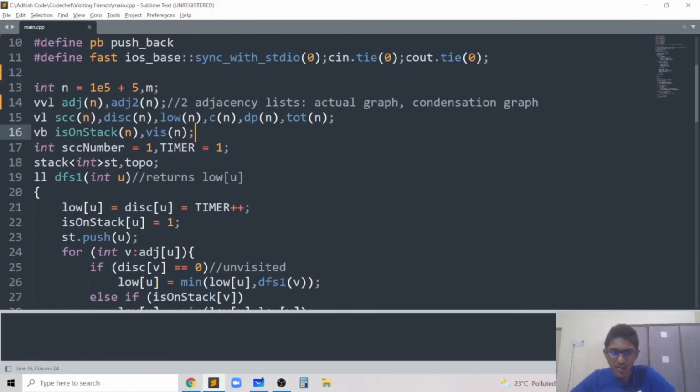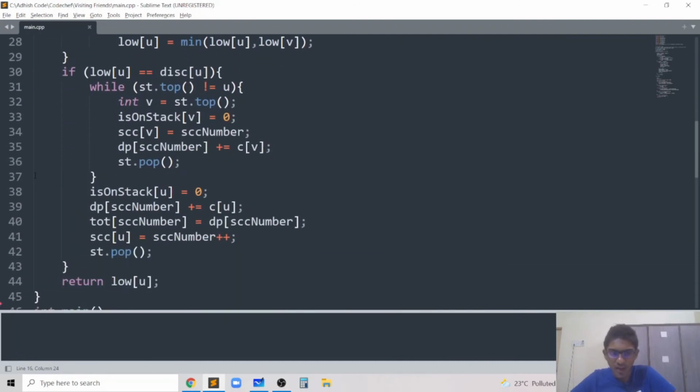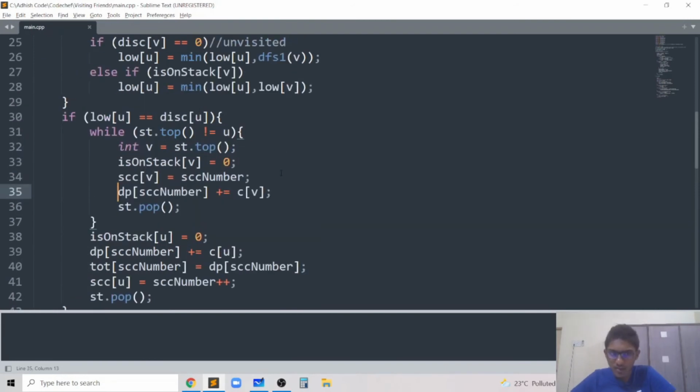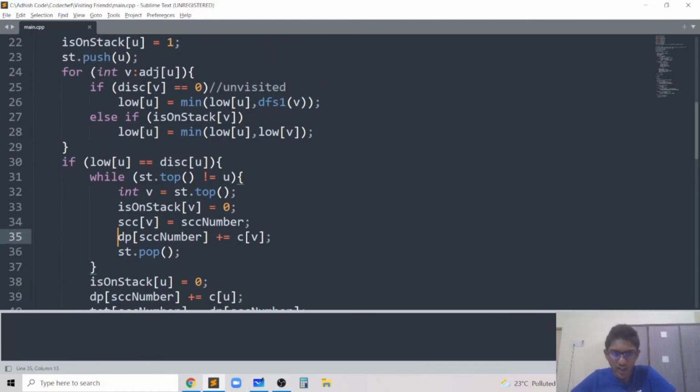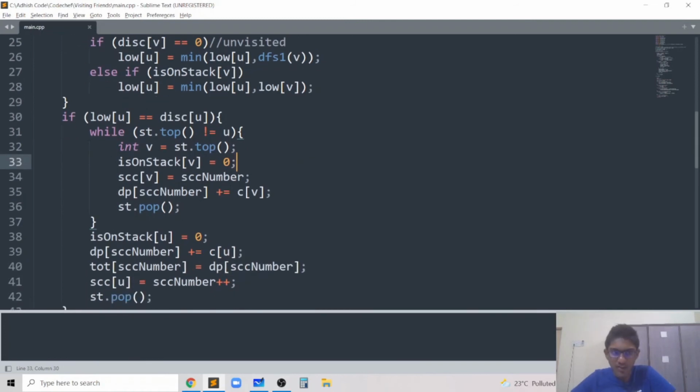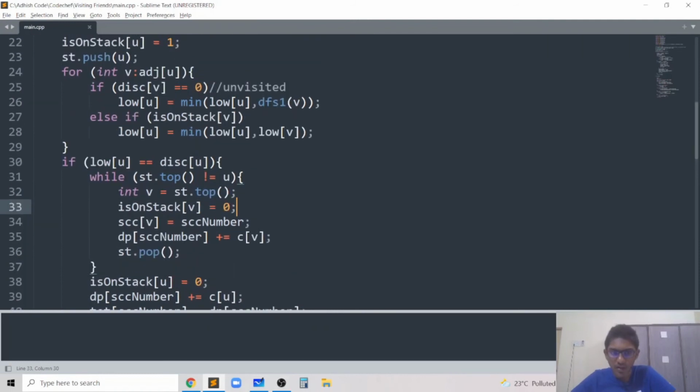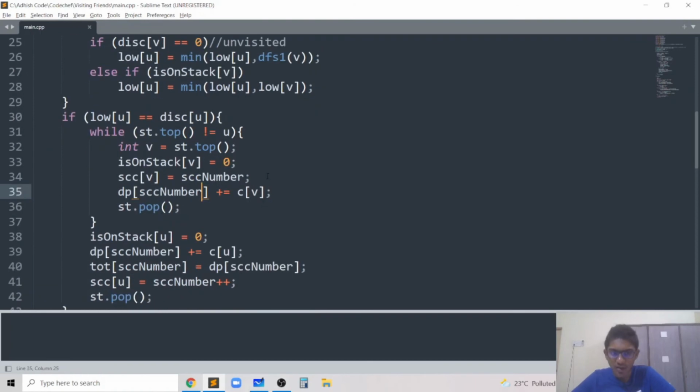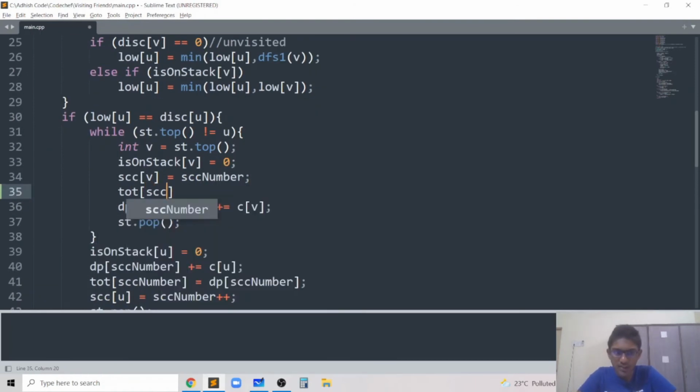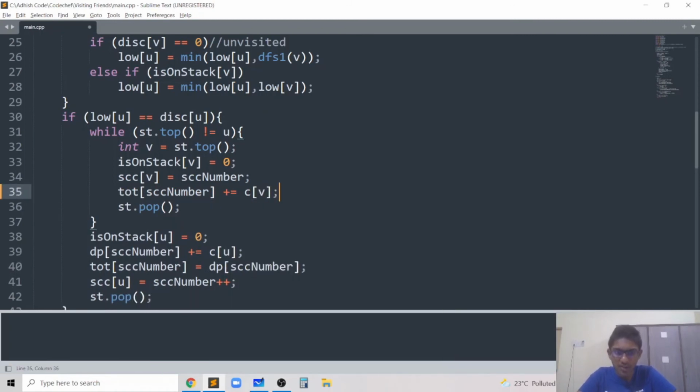Initially I run Kosaraju's algorithm, and I do the exact normal thing, except whenever I extract a node from the stack, and this node is going to be part of the SCC-numberth strongly connected component, I'll mark the SCC of that node to be this number, and I can just increase the tot of SCC number by c of v, because tot represents the total population for that SCC number.